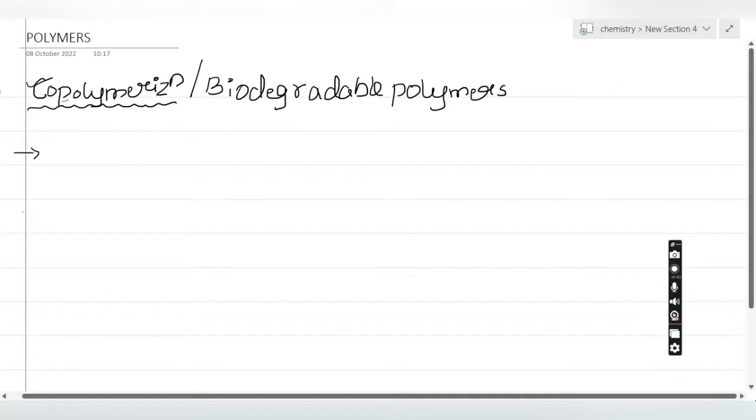Then in this copolymerization, we have two different polymers to be discussed. One we call BuNa-N, and another one is BuNa-S. So first we are discussing BuNa-N, and second we are discussing BuNa-S.